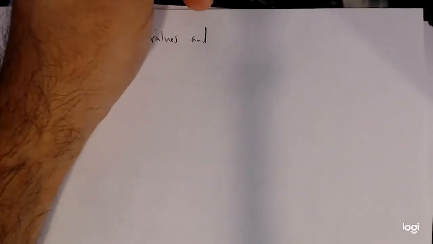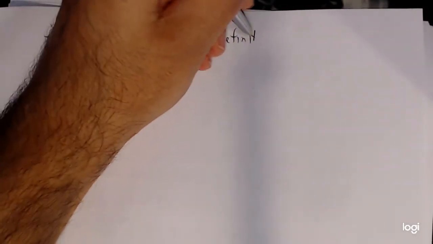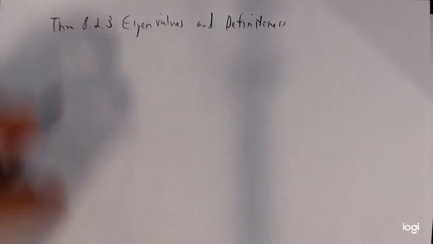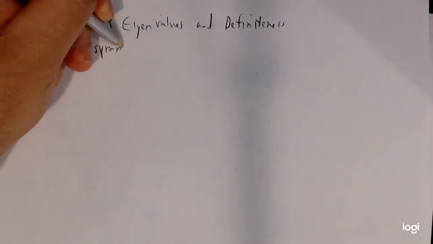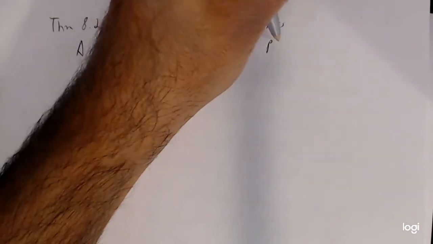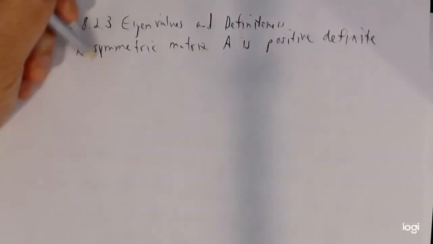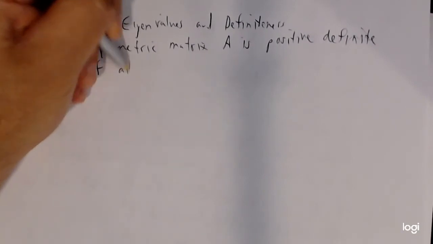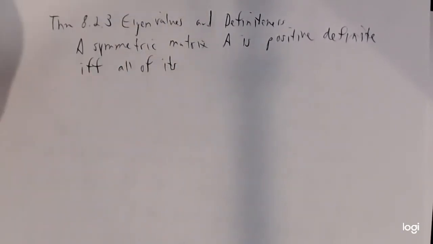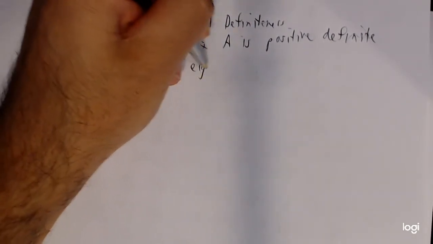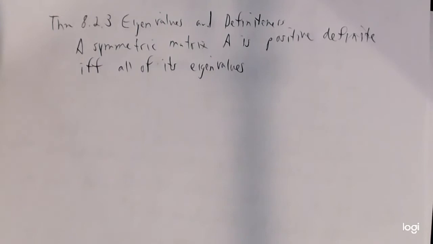So theorem 8.2.3 has to do with eigenvalues and definiteness, which says a symmetric matrix A is positive definite if and only if all of its eigenvalues are positive.